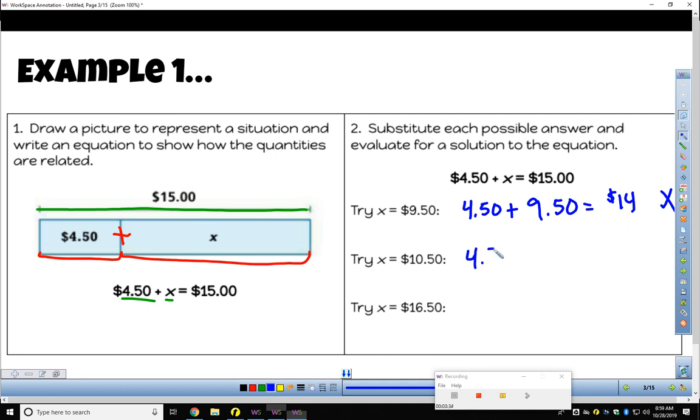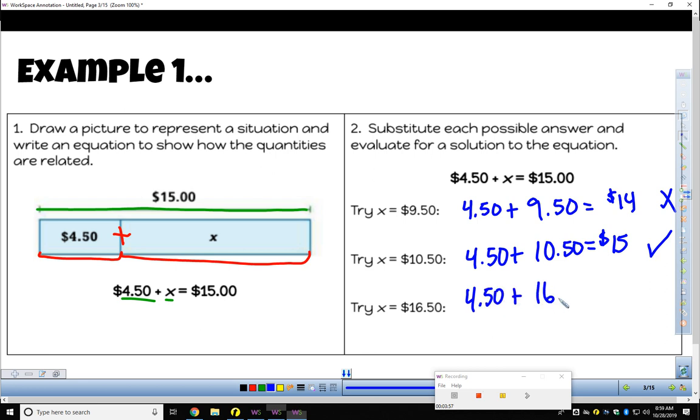And then we plug in the next value. This is us checking to see if this answer is true. So 50 cents and 50 cents makes $1, plus $10 is $11, plus $4 is $15. So this one is true. And then $4.50 plus $16.50.